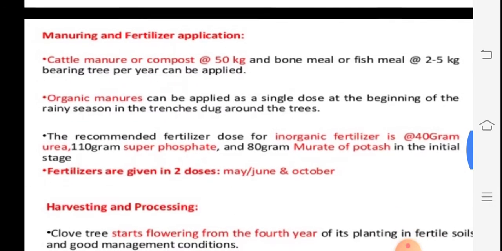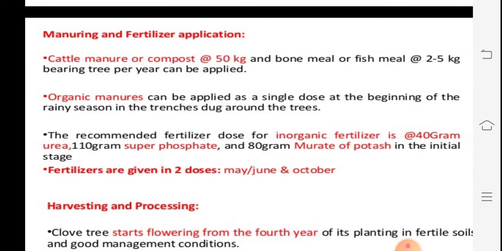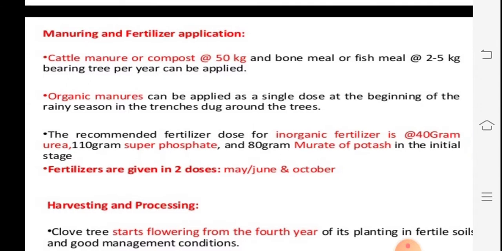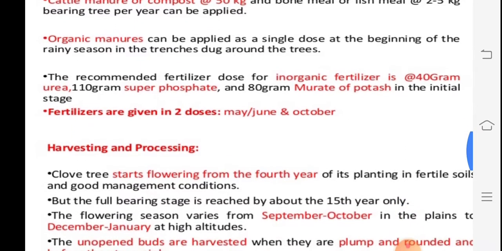For commercial development, manuring and fertilizers are applied to the field. About 2 to 5 kg of organic manure such as FYM compost per tree is used.